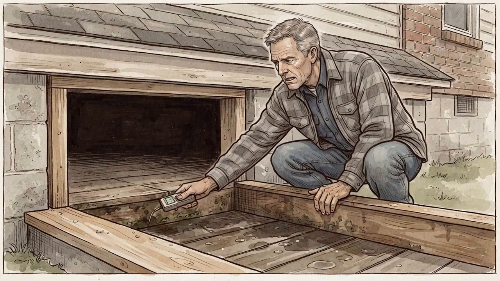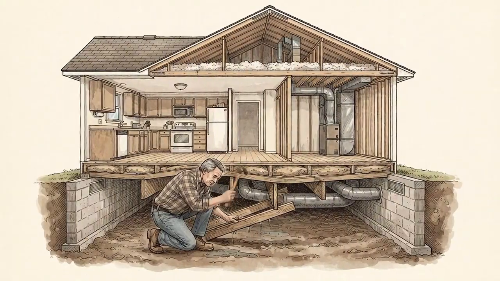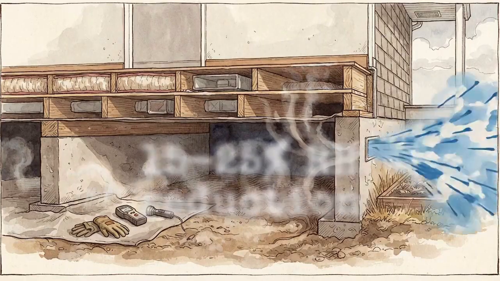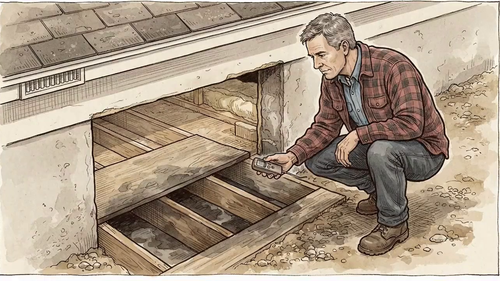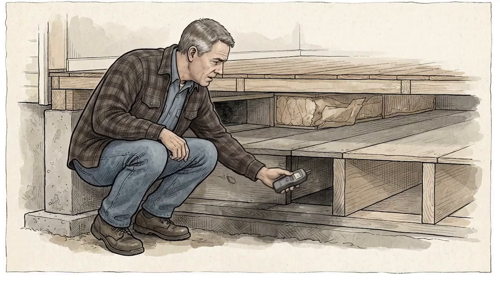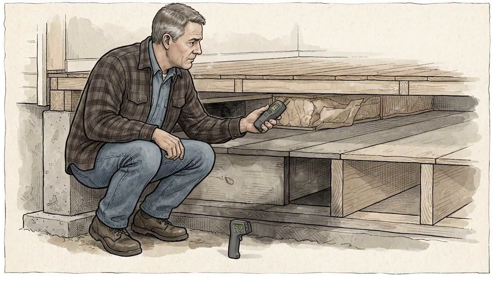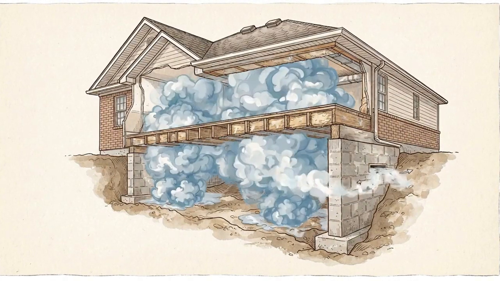Building Science Corporation measurements of encapsulated versus unencapsulated crawl spaces showed that installing even a basic ground cover reduced crawl space relative humidity by 15 to 25 percentage points over a summer season. The sheet does not need to be taped or sealed to walls to provide most of this benefit. Simply covering the soil is the primary action.